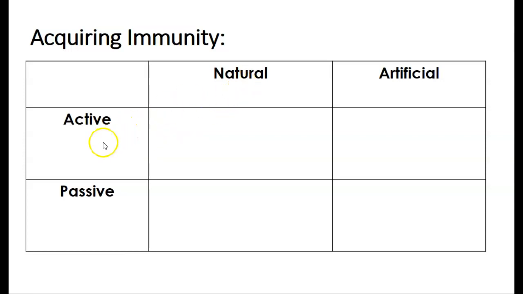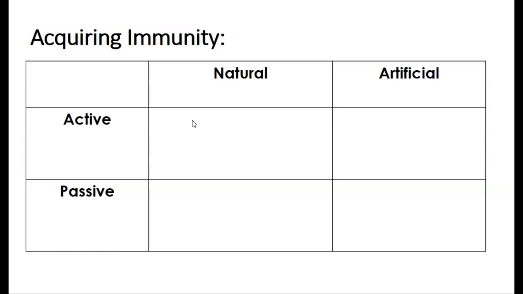A natural active immunity is where, in real world circumstances, outside of a clinic, outside of a doctor's office, you have encountered a pathogen and your body has actively fought against it. So this is any normal infection. You have been infected with rhinovirus and suffered a cold.